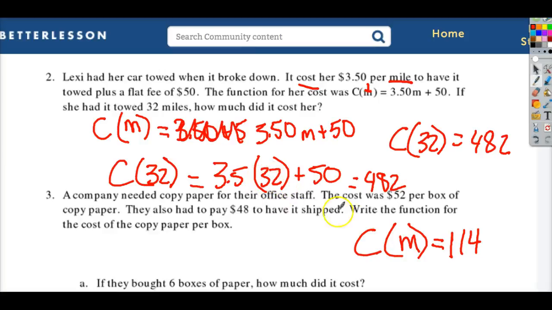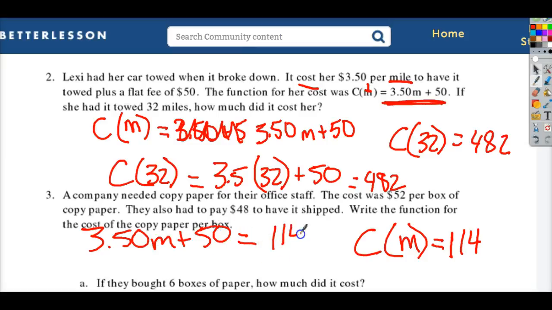So what I would do is say, okay, C of M is this equation here. That's C of M. So 3.5M plus 50 equals 114, right? This is C of M, and this is how many dollars I have. So you can subtract over the 50.